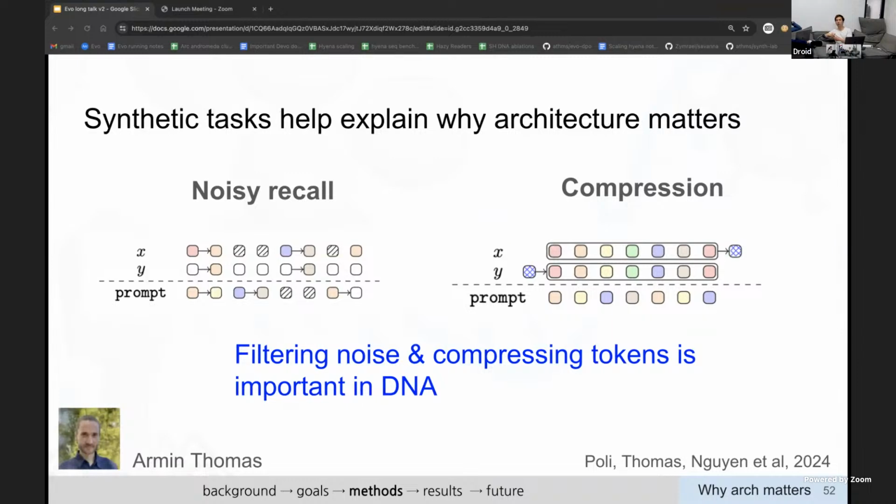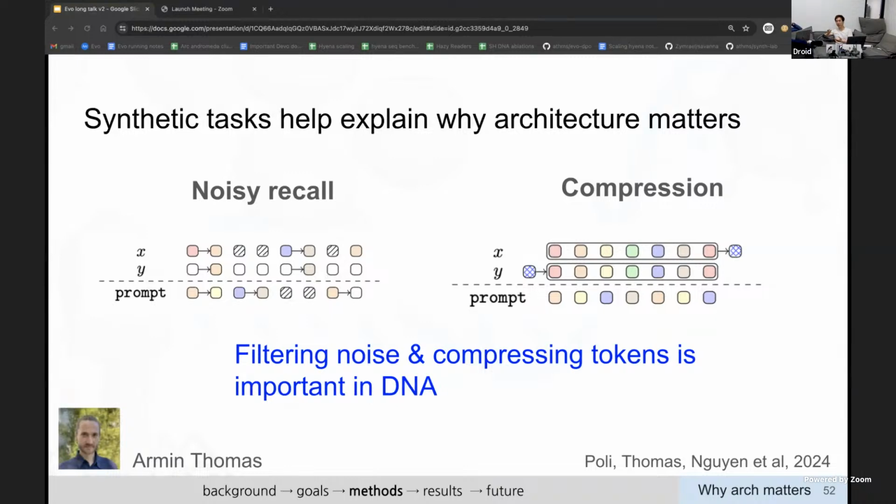We did have a follow-on work that focuses on scaling laws and new architectures, but on natural language. The connection there is that we look at synthetic tasks to really try to understand why these differences might be occurring in different models. A couple key synthetic tasks that I thought were notable and perhaps had some similarity to DNA are noisy recall and compression.